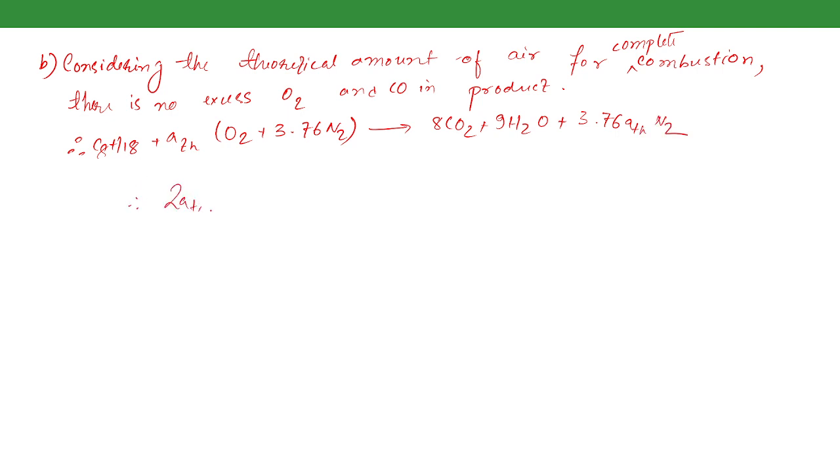So twice a_th is equal to 2 into 8 plus 9, that is, we have already determined this to be 12.5 for this particular gas, that is octane.